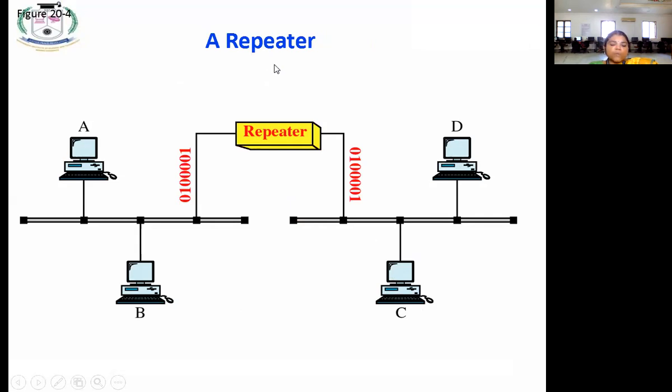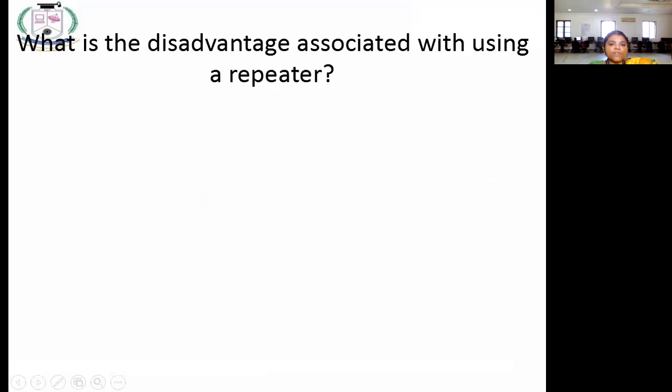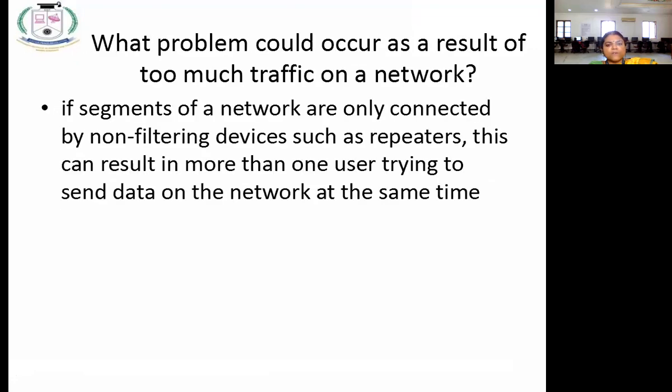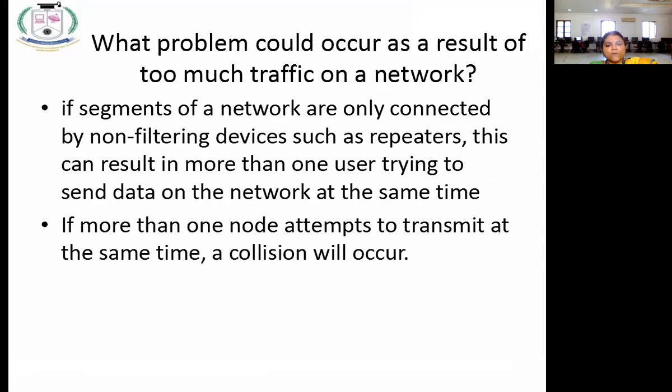It does not have a provision to identify the address, or I can say there is no filter provision associated with this repeater. The ultimate result is that when the segments of a network are connected by repeaters and they try to send to all the other connected units in the network, there is every possibility of collision.